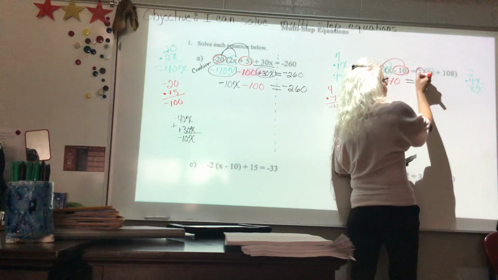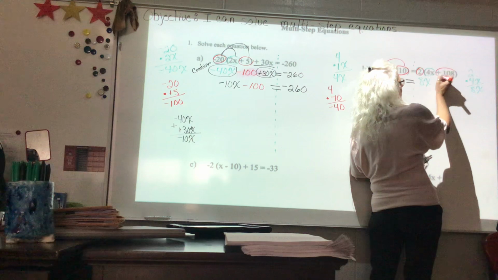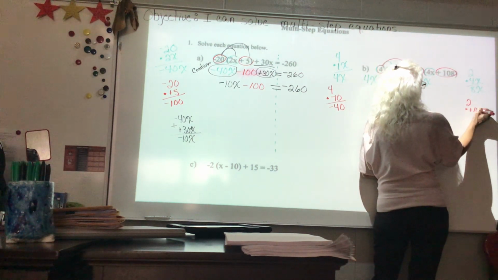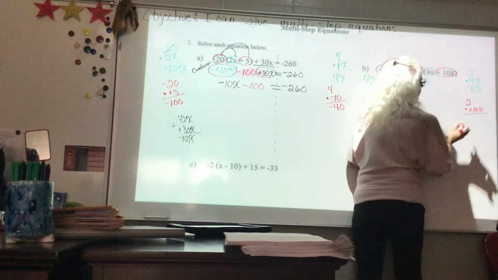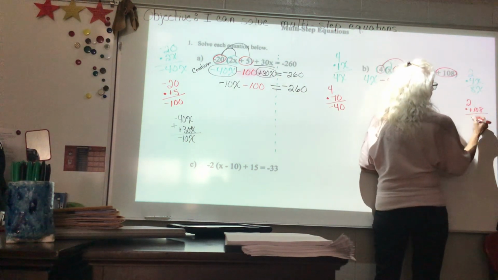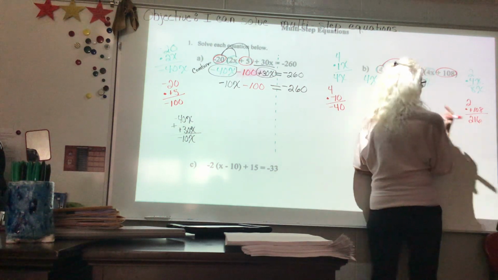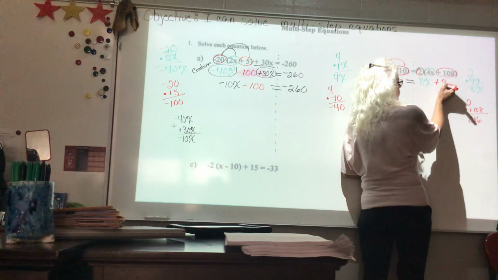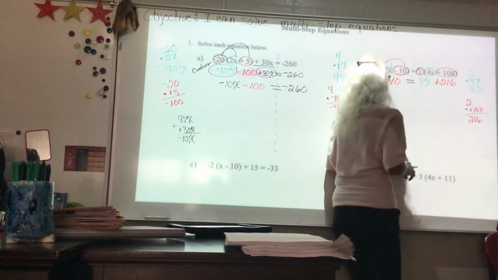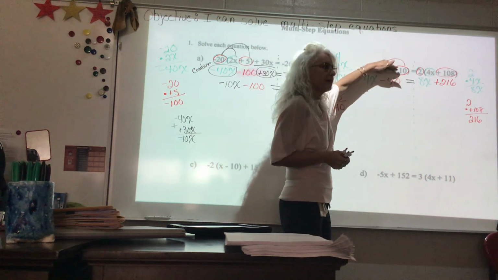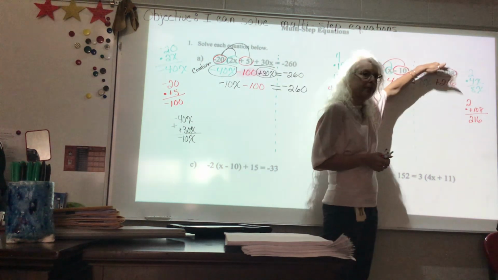Take the number in front of your parentheses and multiply it by your second term, so I'm going to do 2 times positive 108. Am I going too fast? No. Okay. So 2 times 108 is 216, you said? Positive or negative? So I'm gonna put plus 216.